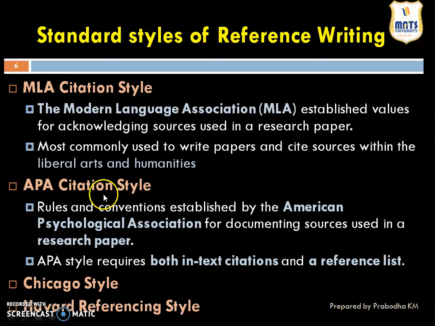Whereas the APA citation style, known as the American Psychological Association style, is mostly used for documenting research papers. APA citation style requires both in-text citations and a reference list. In the next slides, we will learn the major differences between referencing in the text and the reference list. Likewise, there are others, the Chicago citation style and Harvard referencing style.